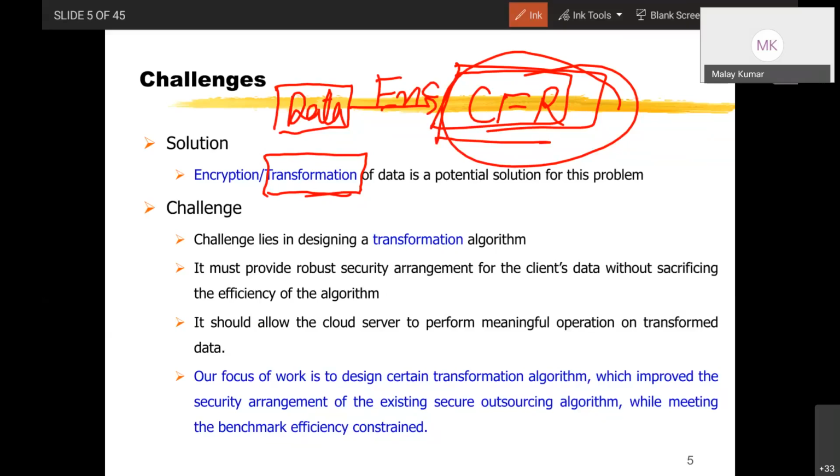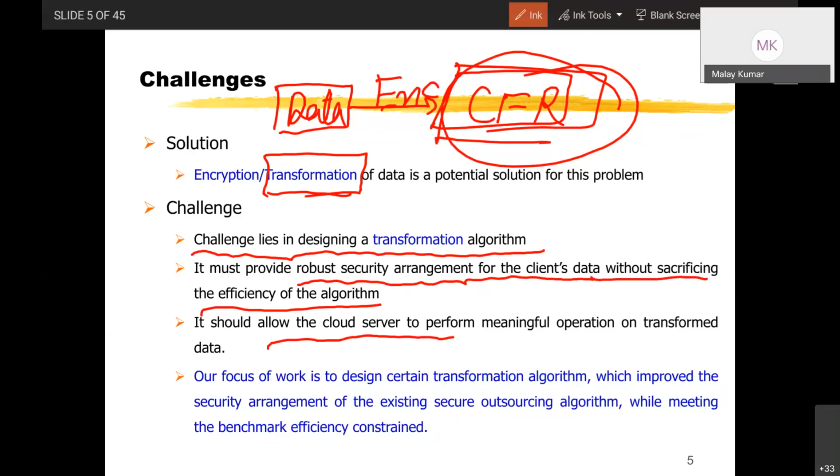Okay, so the challenge lies in designing a transformation algorithm. The algorithm should be like that: it must provide a robust security arrangement for the client's data without sacrificing the efficiency of the algorithm, and at the same time, it allows the cloud server to perform meaningful operations on the transformed dataset.